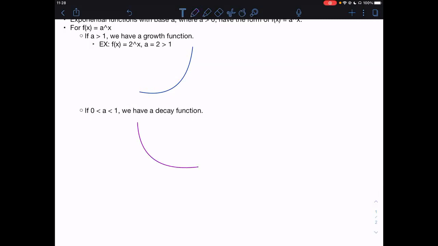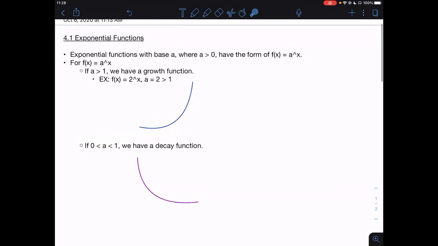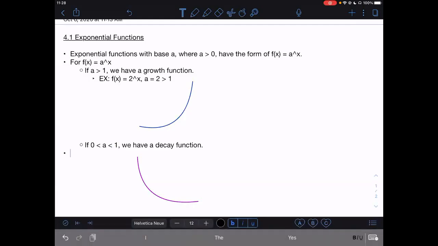So a greater than 1, exponentially growing function. A decimal number between 0 and 1 as our base, our function is exponentially decreasing. But notice again, this is strictly greater than 1. This is strictly greater than 0, but strictly less than 1.